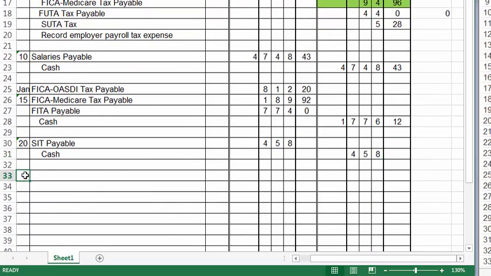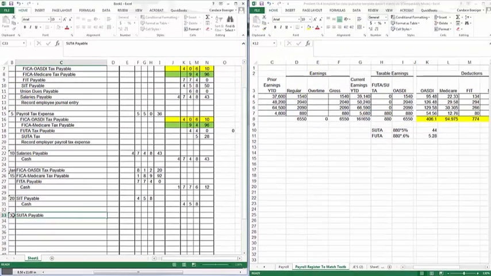FUTA and SUTA, usually SUTA is due at the 30th. So all of this was like January 15th, 20th. We're paying them the next month. I owe $5.28. And my credit is to cash because I'm actually writing them a check. And FUTA also is one of those that is due quarterly.